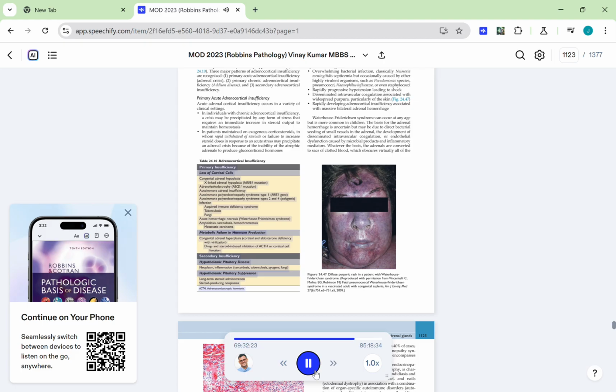Metabolic failure in hormone production: congenital adrenal hyperplasia, drug and steroid-induced inhibition of ACTH or cortical cell function. Secondary insufficiency: hypothalamic and pituitary disease, neoplasm, inflammation, hypothalamic-pituitary suppression, long-term steroid administration, steroid-producing neoplasms. ACTH, adrenocorticotropic hormone.